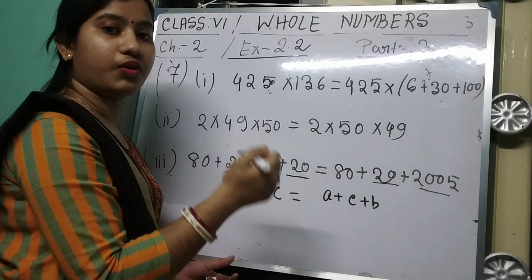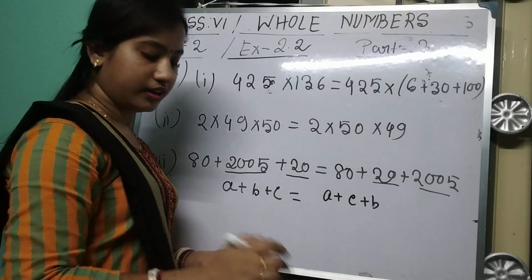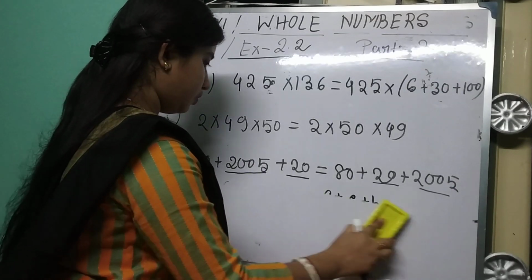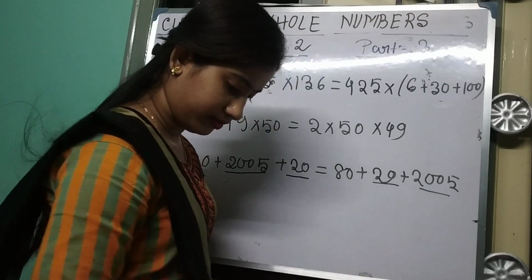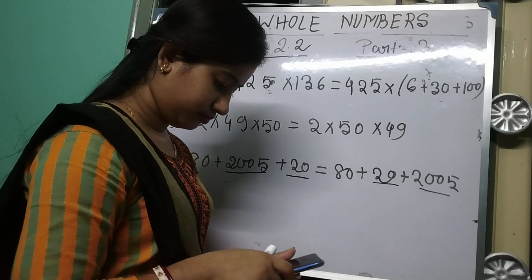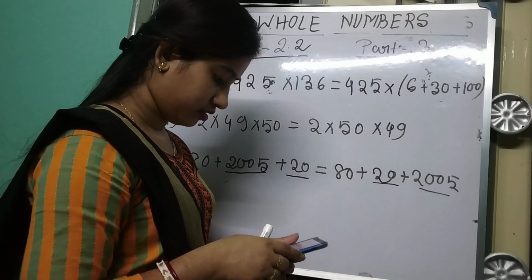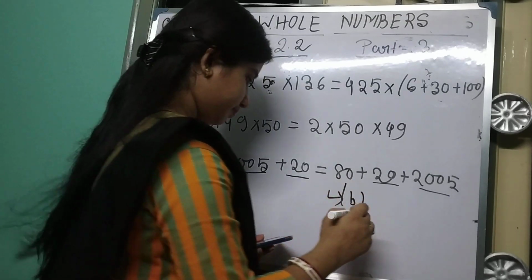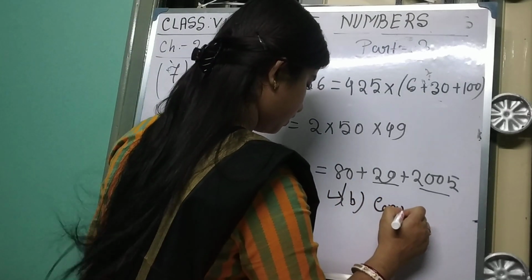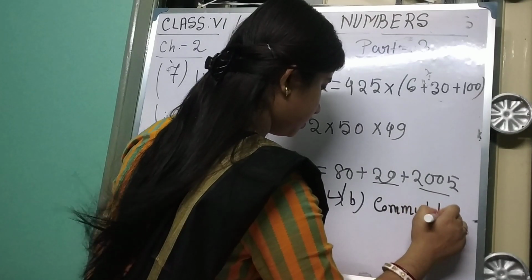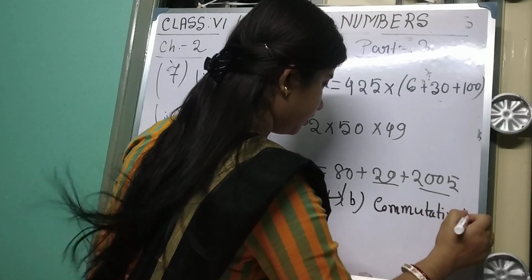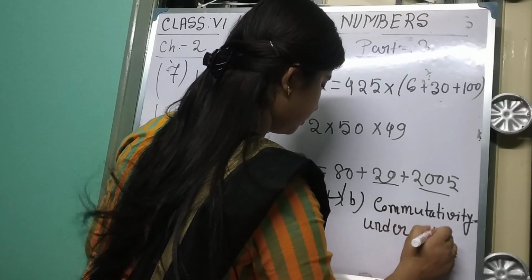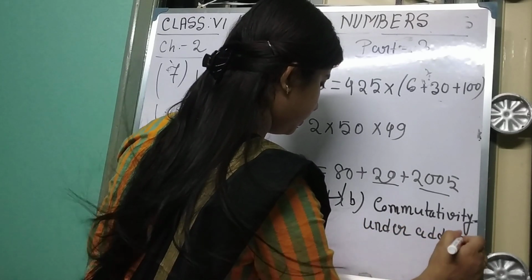Now, this is called commutativity under addition. This is the commutative property of addition. So number 3 is number B, commutativity under addition.